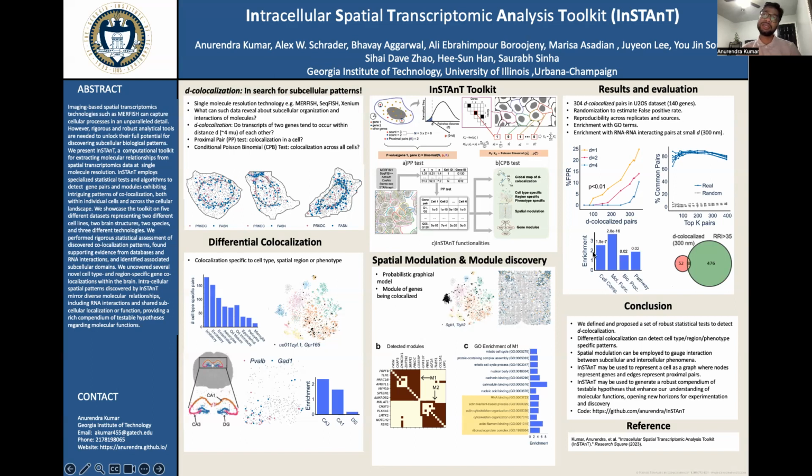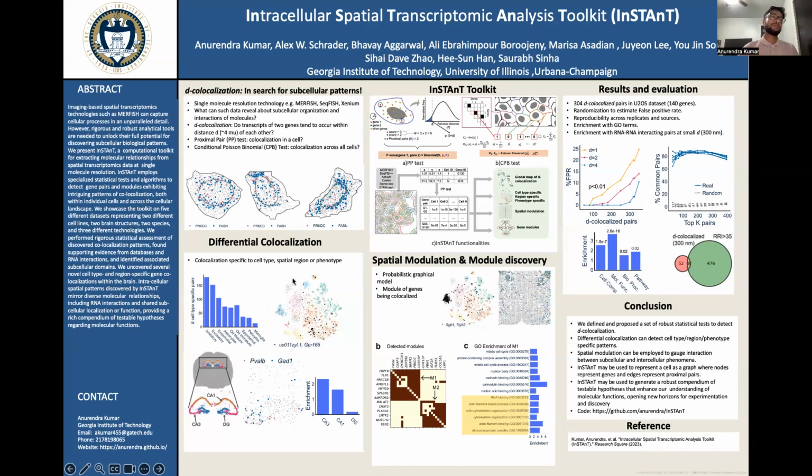We also showed that InSTAnT gene pairs are enriched with GO terms, specifically with molecular function, where we saw that all the InSTAnT detected pairs that overlapped with molecular function were annotated with RNA binding. Finally, we showed that InSTAnT detected pairs at small distance, such as 300 nanometer, overlap significantly with RNA-RNA interacting pairs, showcasing that RNA-RNA interaction may be one of the plausible causes behind decolocalization.